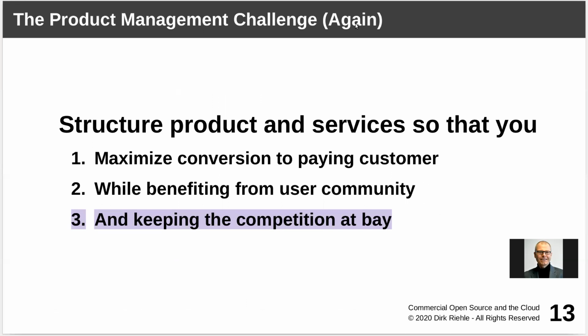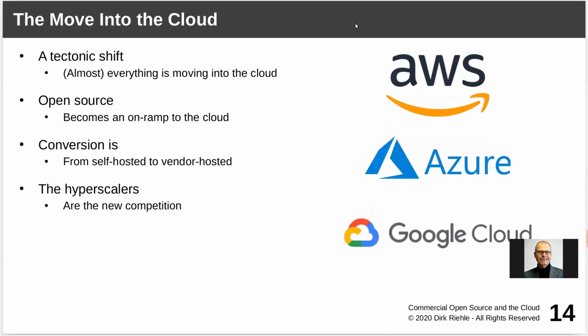Nearly everyone, if they can at all, is moving into the cloud, which is where commercial open source met their worst enemy yet, the hyperscalers. So the other part of the product management challenge is: how do you avoid someone taking your software as open source and competing with you?